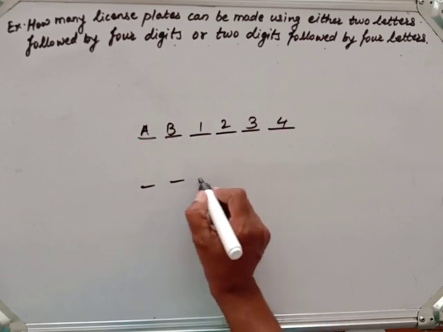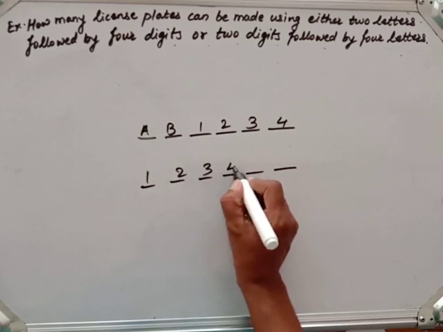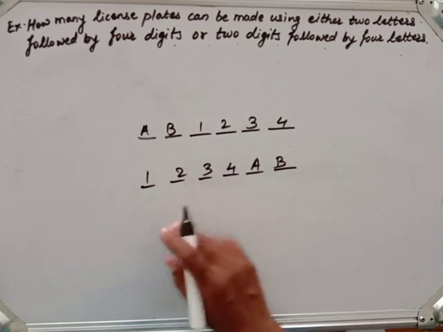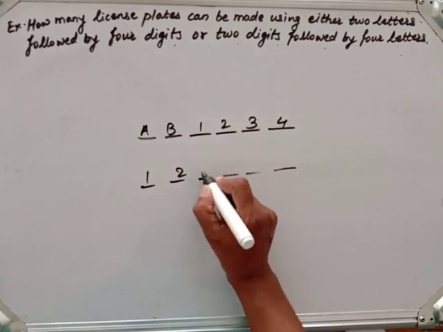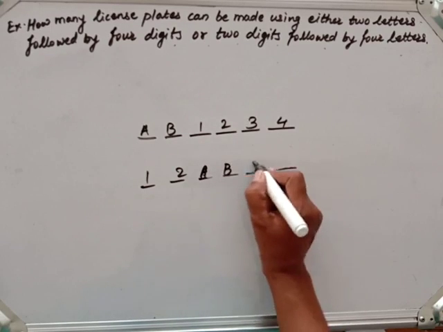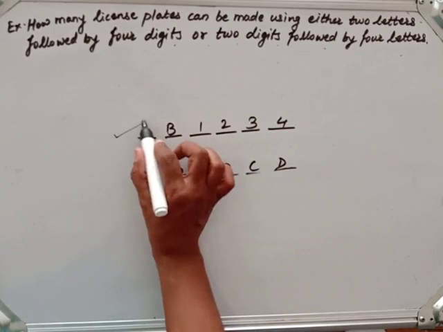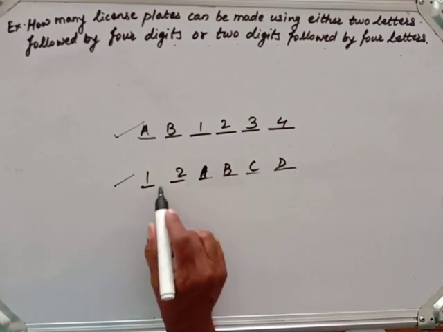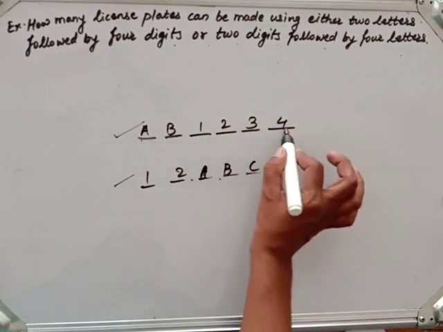Or the other type, 2 digits followed by 4 letters. So this is type 1 for license plates, and this is type 2.